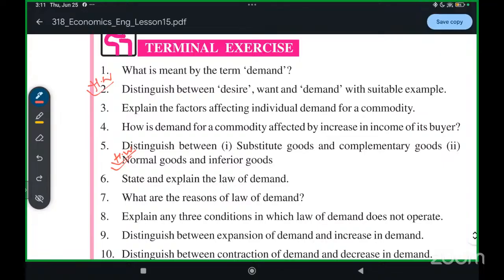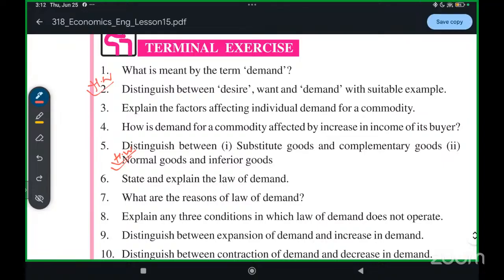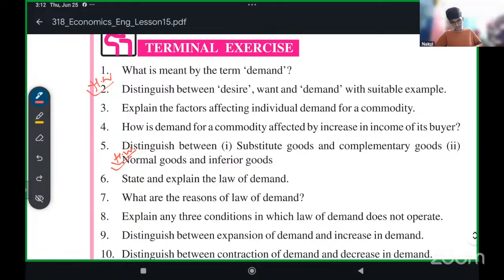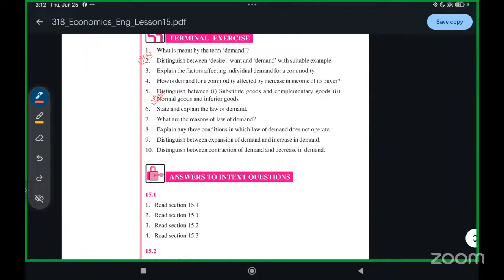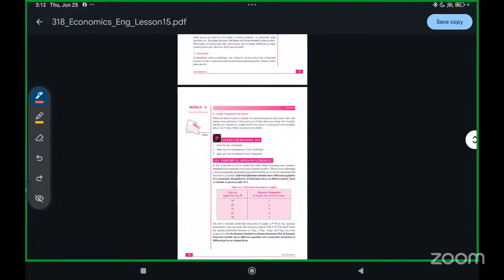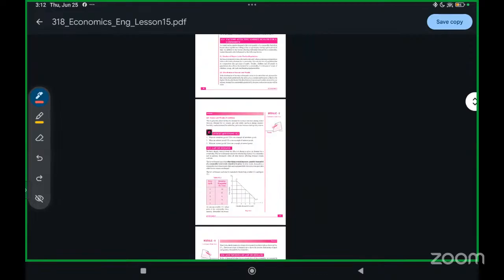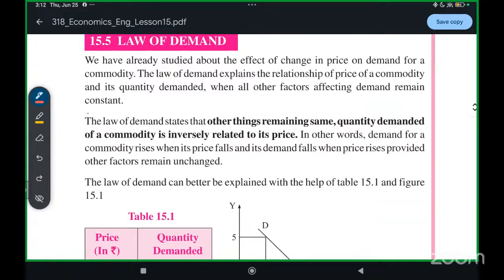Can you just tell me in your own words? This is the law of demand, you can check on the screen.